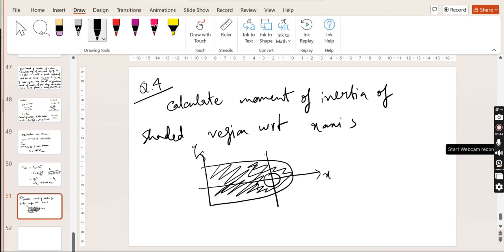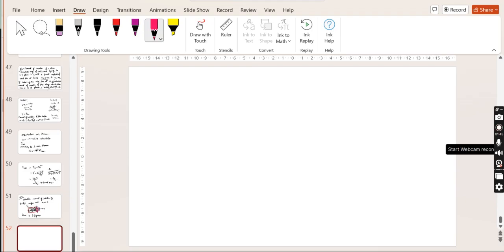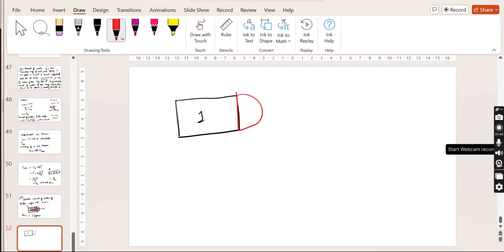So we assume there are 3 figures: this is 1, this is 2, and this is 3.